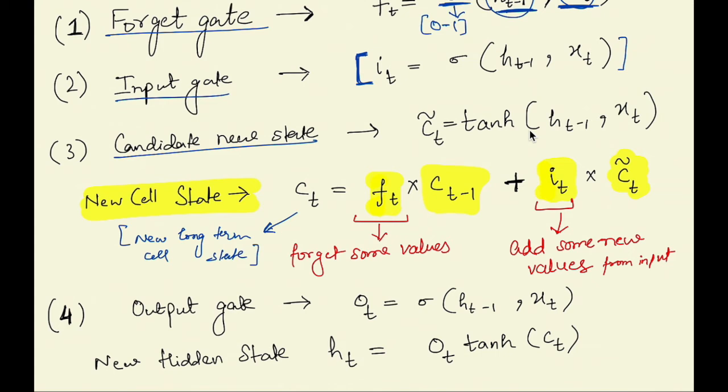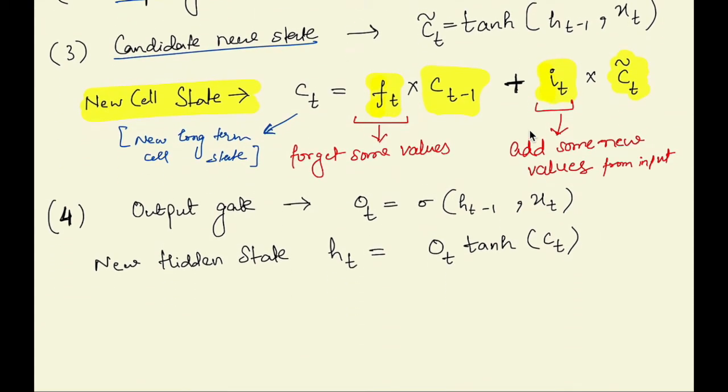And now, as I mentioned earlier, some of this long-term information would be stored in our hidden state, that is short-term information, and that would again depend on, so basically we will again pass this long-term cell state through another tanh function.